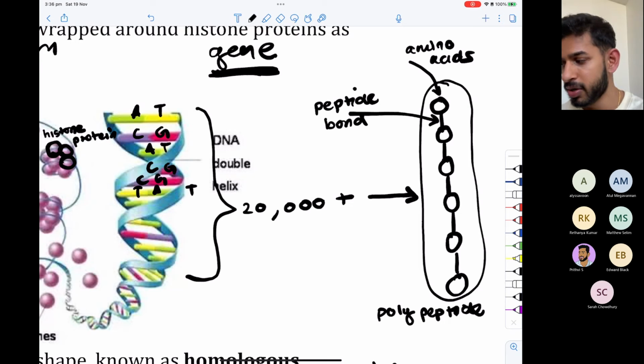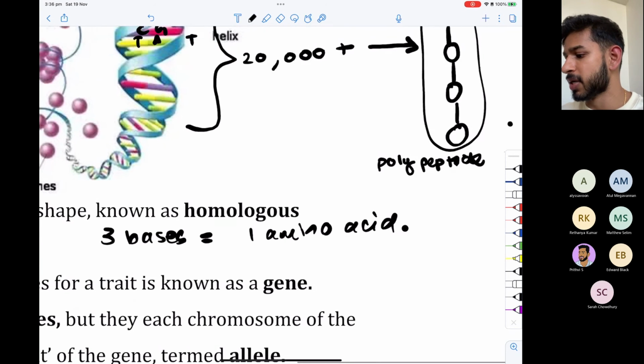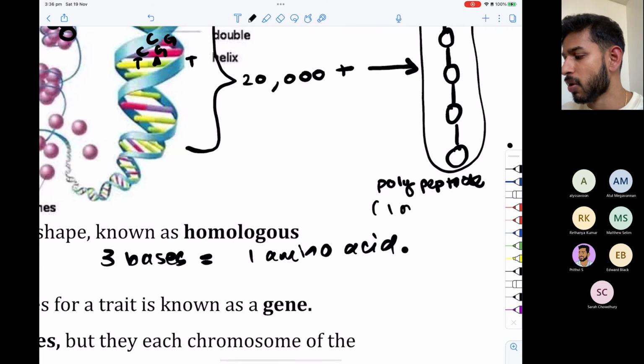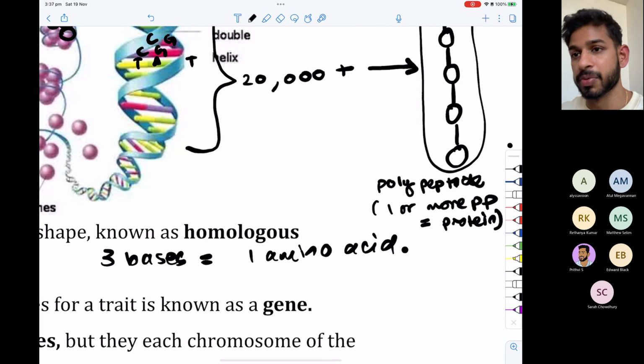Usually, proteins can be 3, 4, 5, 6 different polypeptides coming from 6 different genes that combine together to form a complex three-dimensional shape. So one or more polypeptides equals a protein.